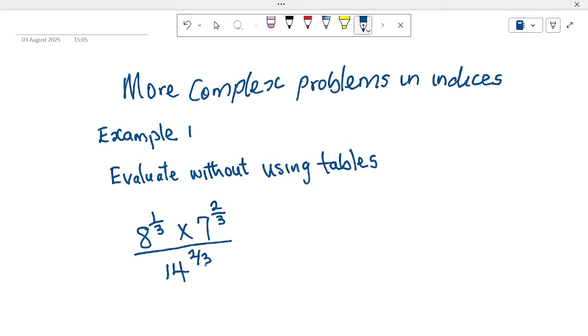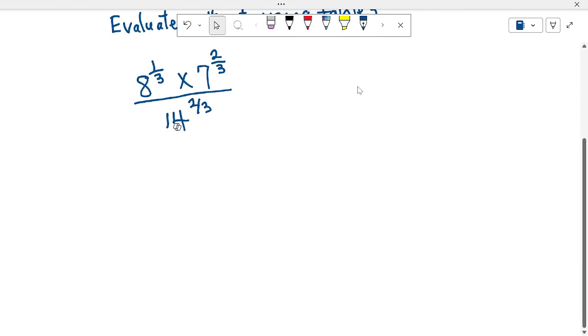That's the question. And we don't want to use tables. We don't want to use calculators. We want to solve them using the laws of indices.